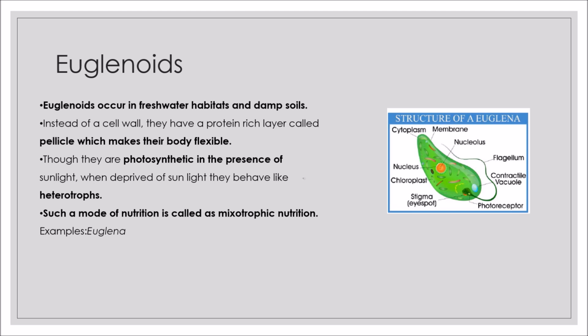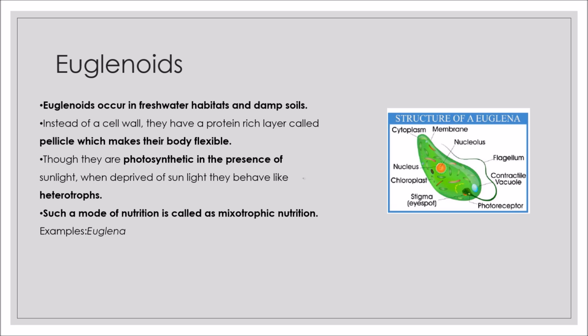Though they are photosynthetic in the presence of sunlight, when deprived of sunlight, they behave like heterotrophs. So when sunlight is there, photosynthesis takes place. When it is absent, it turns into a heterotroph and gets its nutrition that way. Such a mode of nutrition is called mixotrophic nutrition.